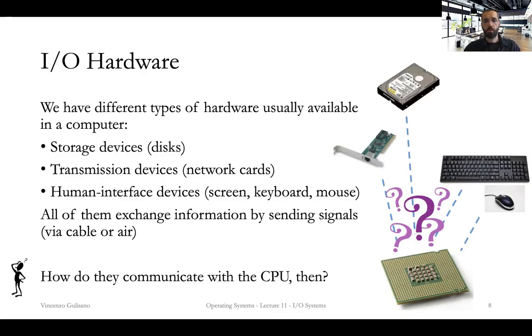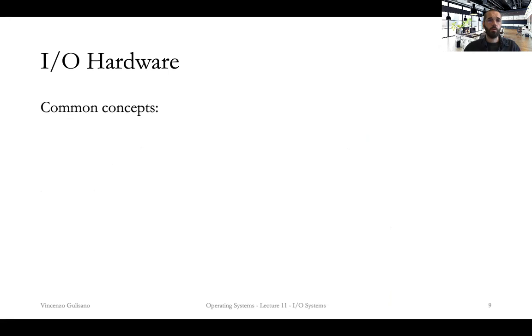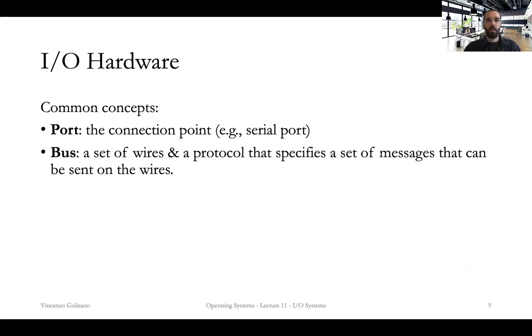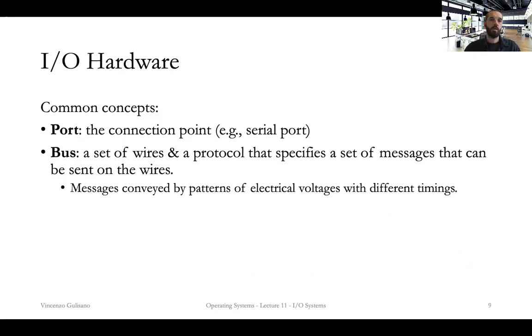Let's go through some common concepts here. So we have ports. These are the physical connection points that allow you to connect a device. We have the bus. This is a set of basically wires plus a protocol that specifies the type of messages that can be sent on the wires, so the signals that can be sent on that wire.